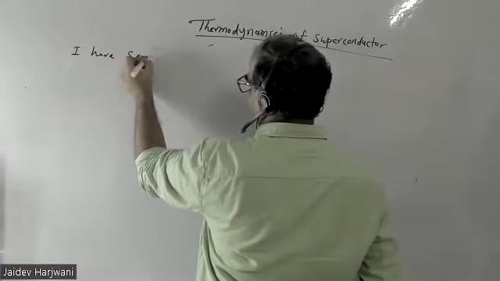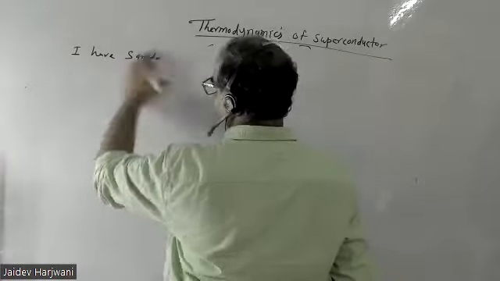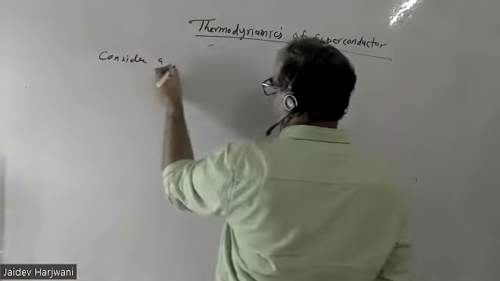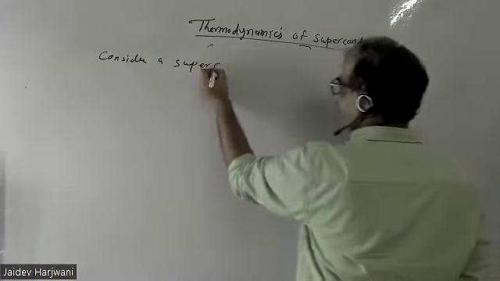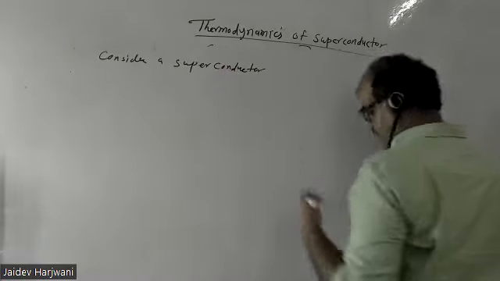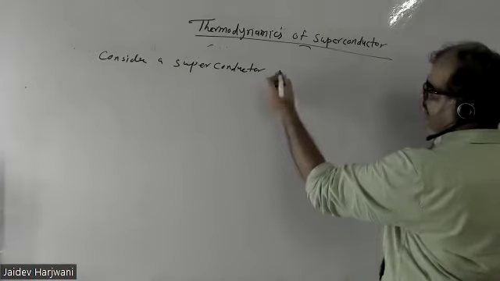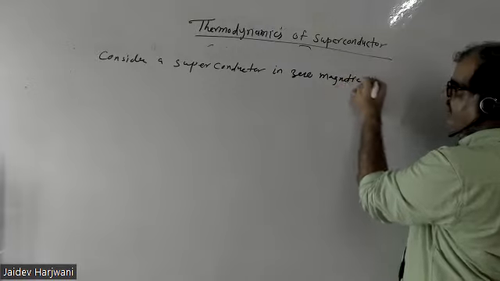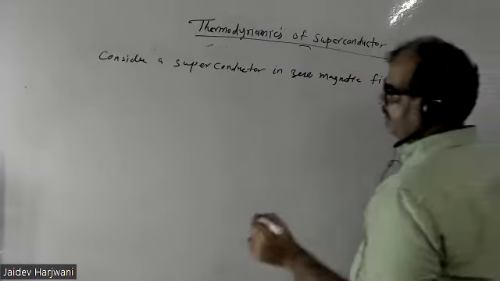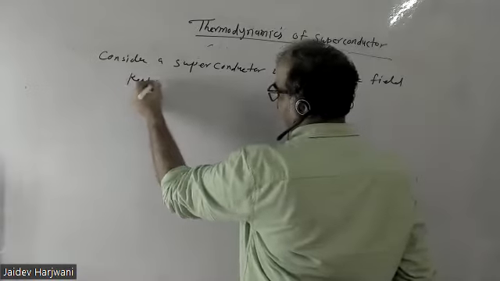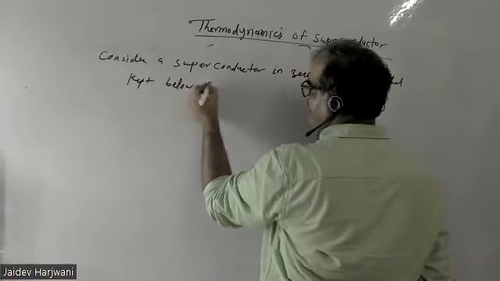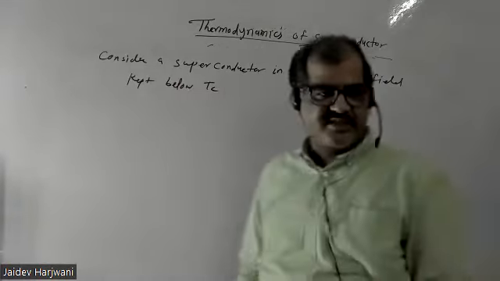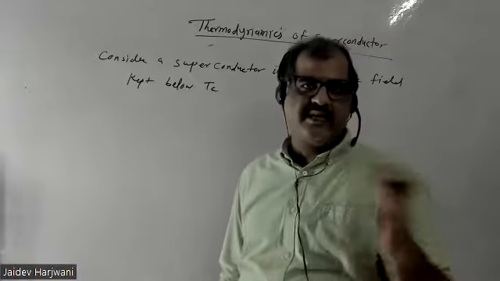Consider a superconductor kept in zero magnetic field, below TC. So I have a superconductor in the superconducting state, and there is no magnetic field.